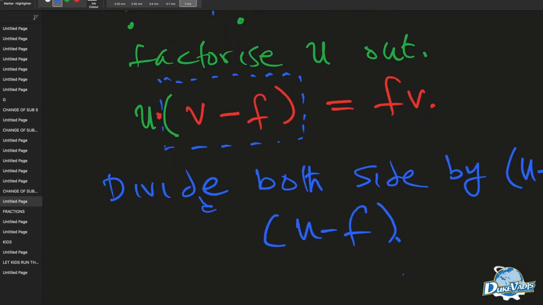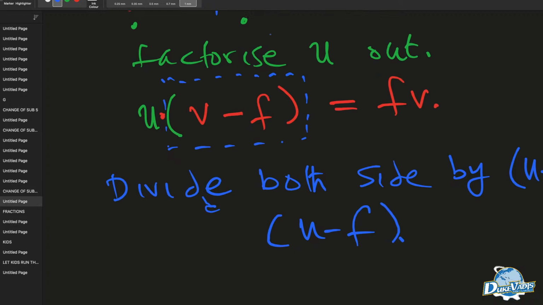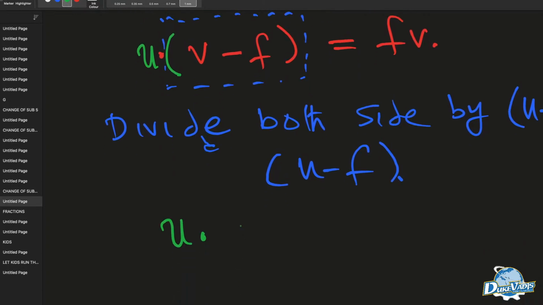Okay, so let's write our equation down the way it looks. Over here we have U multiplying V minus F, which equals FV, and we are going to divide both sides by V minus F, since it's multiplying.